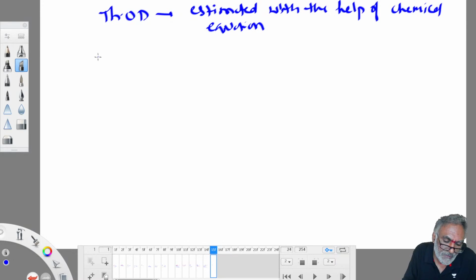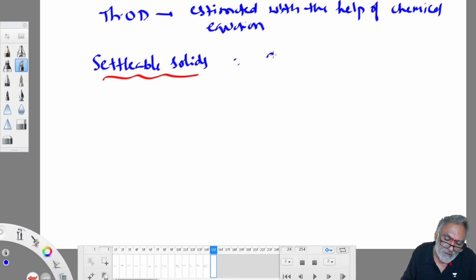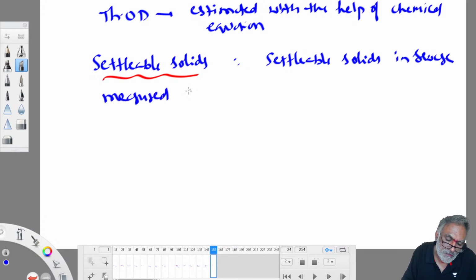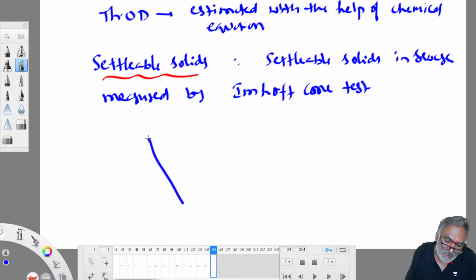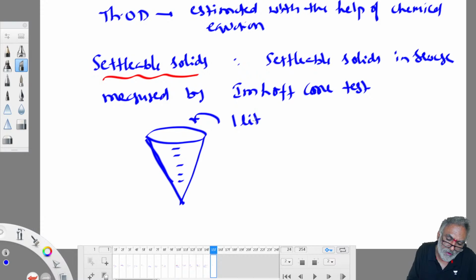And coming to settleable solids. Settleable solids present in sewage are measured by using the Imhoff cone test. You will find a cone like this. It's a graduated, cylindrical cone. We pour 1 liter of sewage sample.